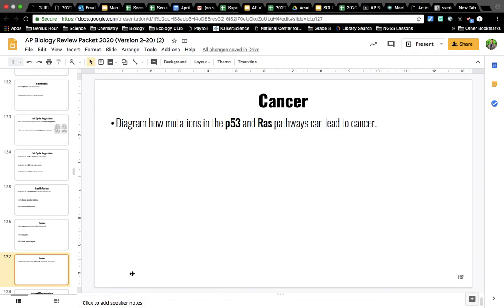Okay, so RAS is an oncogene. What it codes for is an intracellular protein, a protein that is found within the plasma membrane of the cell. Okay, growth factors, right? These are signals from other cells. They activate the RAS protein, and then RAS starts a phosphorylation cascade, which then leads to certain transcription factors.